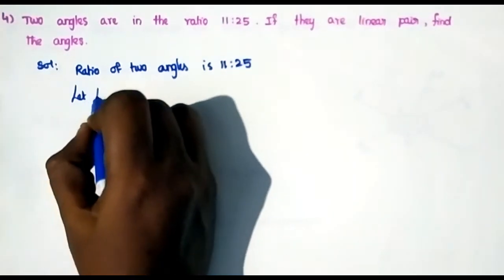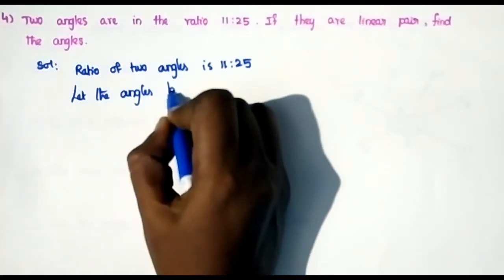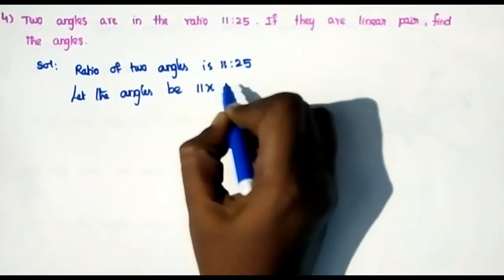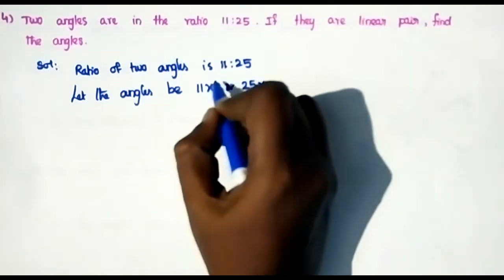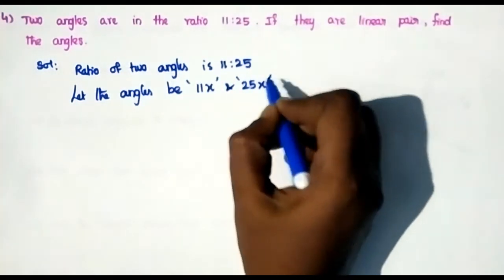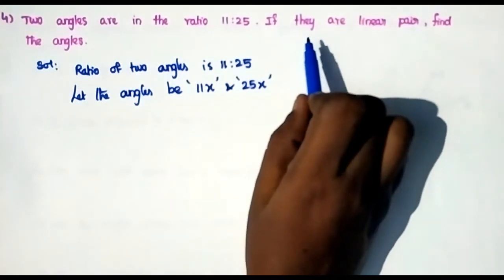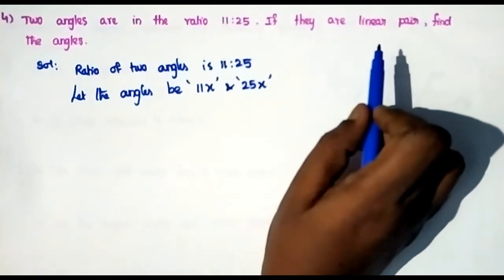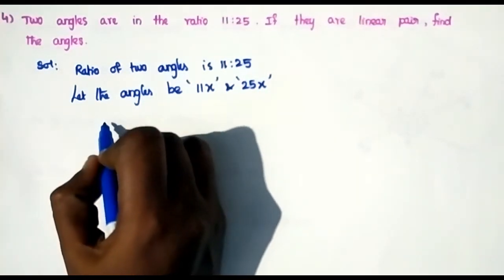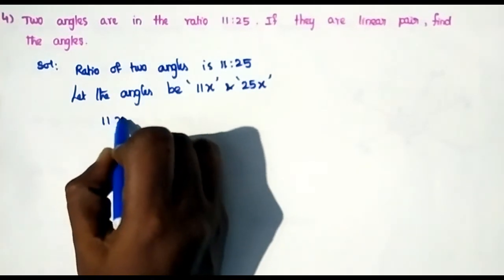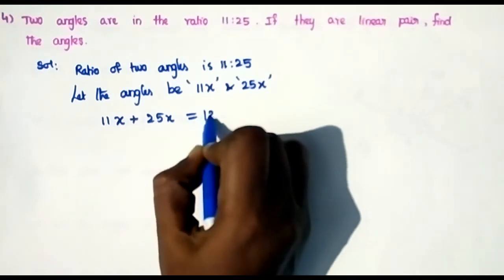Now let the angles be 11x and 25x. Now they given the two angles are linear pair. So add this two angles means we get 180 degree. So 11x plus 25x equal to 180 degree.